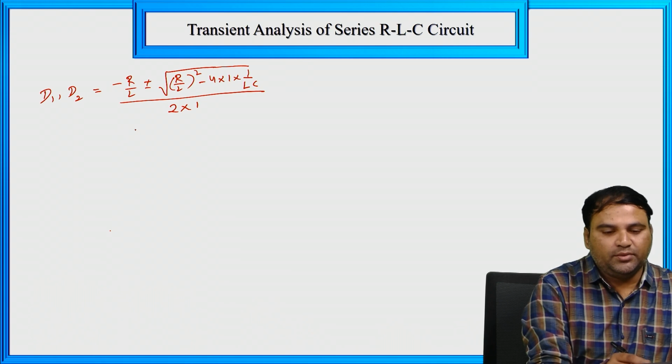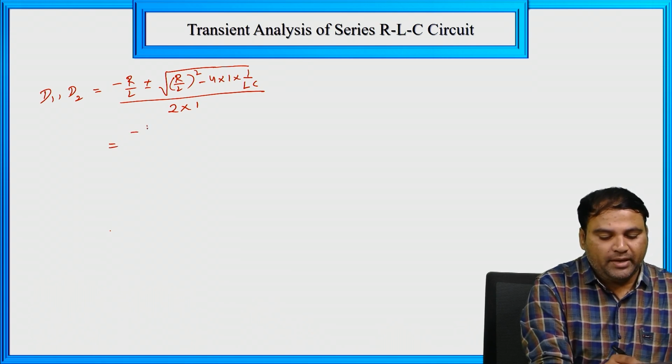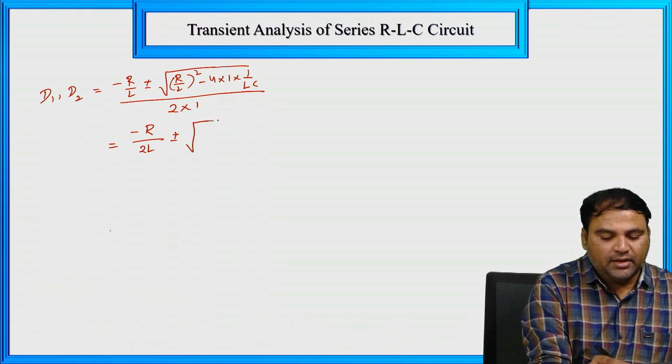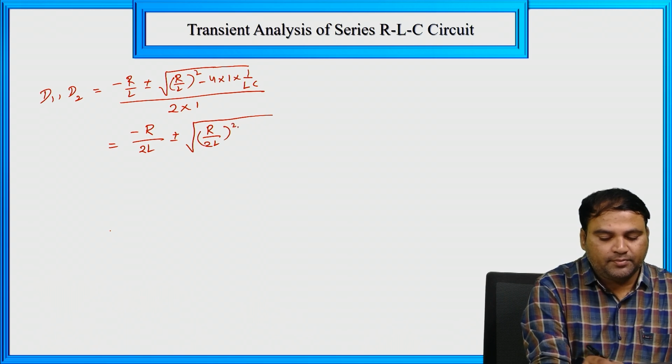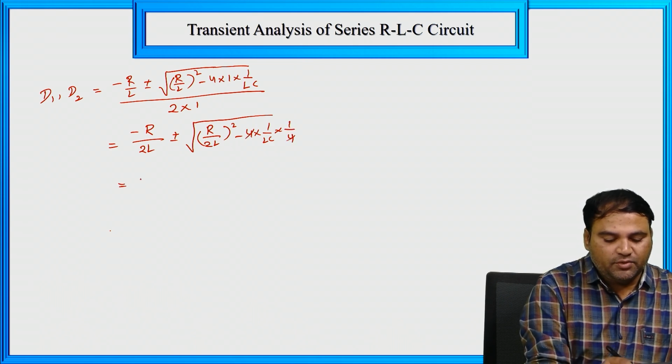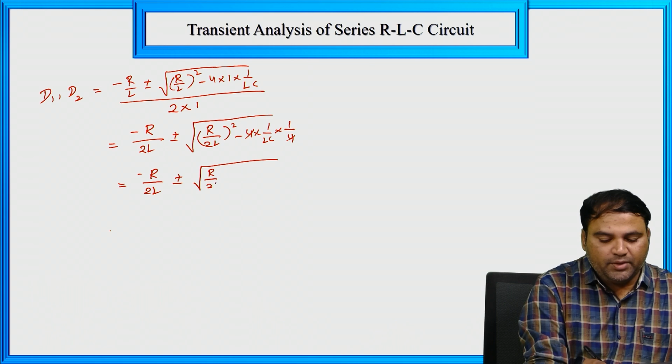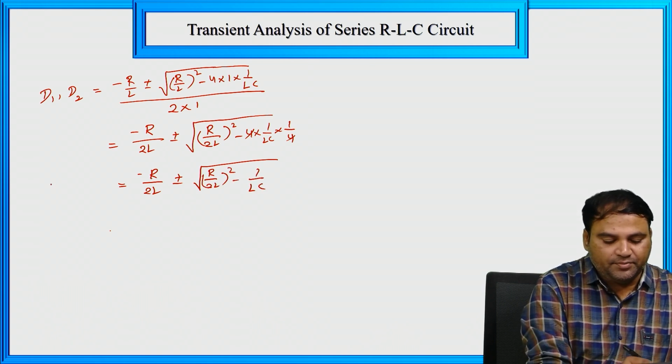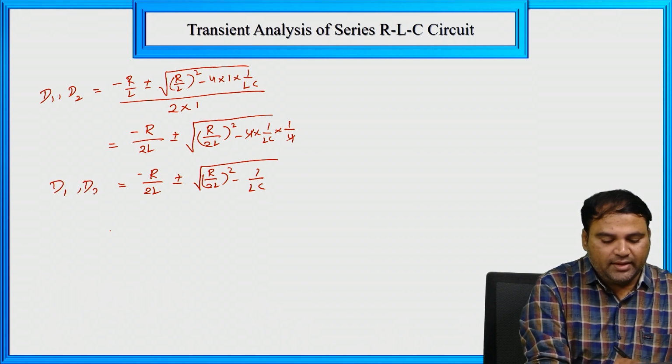Now that is equal to minus R by 2L plus or minus under root of R by 2L whole square minus 4 into 1 by LC into 1 divided by 4. So 4 gets cancelled. We get the roots: minus R by 2L plus or minus under root of R by 2L whole square minus 1 by LC. These are the roots D1 and D2.